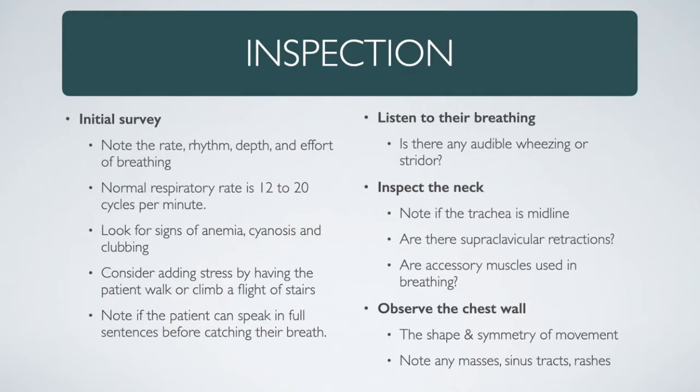Could it be pneumothorax? There is air in the chest cavity that deviates the lung and pushes the trachea onto one side. That's an emergency. You will need to release that air sooner rather than later. Are there supraclavicular retractions? Which means there is significant difficulty in the breathing of your patient. Are accessory muscles used?